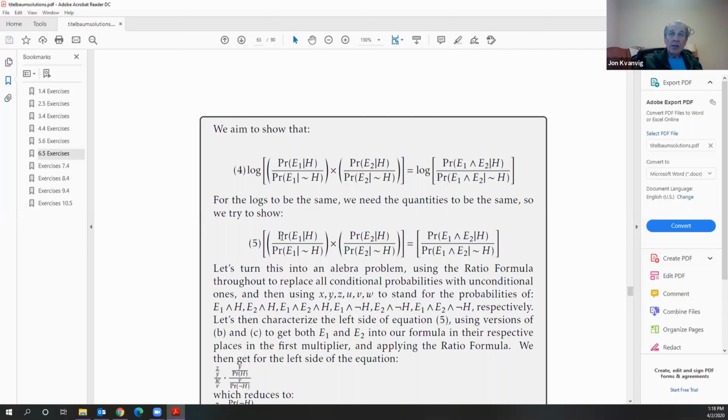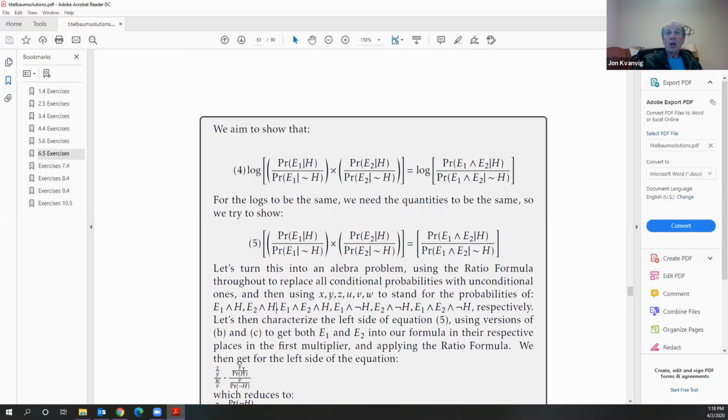So the numerator is going to be Z over Y. Remember, Z is this conjunction and Y is this conjunction. So in any case, we have Z over Y for the numerator on the first multiplier in 5, and we have W over V as the denominator of the first multiplier.